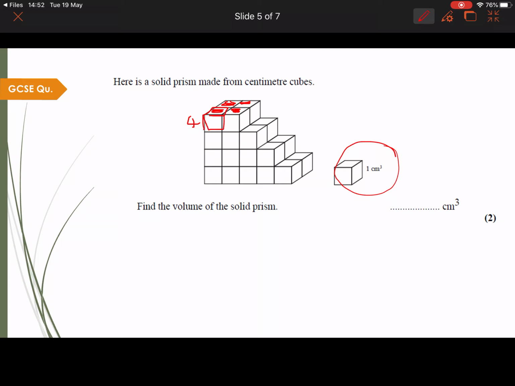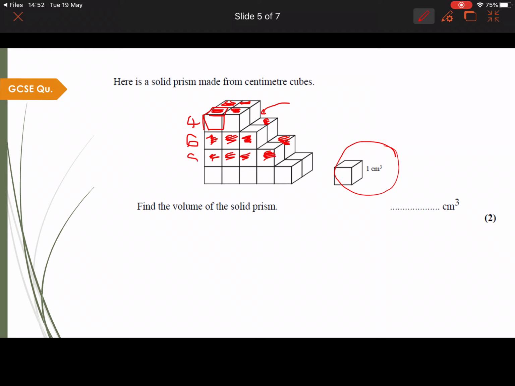On the second layer, I can see I have 1, 2, 3 at the front, and there is 1 and then 2, 3 at the back. So hopefully you can see that that means there are 6 cubes on this second row. Then underneath it I have the same 6 from above plus an extra 2 cubes here.